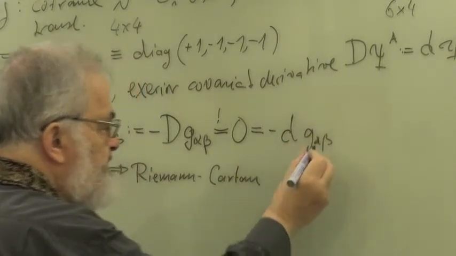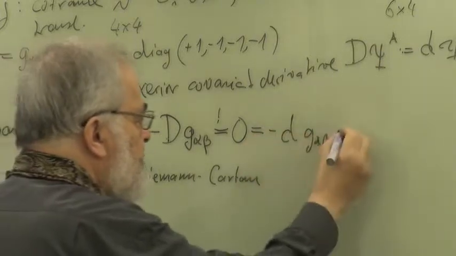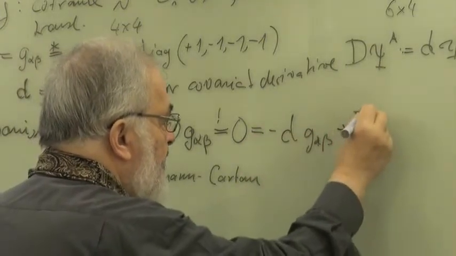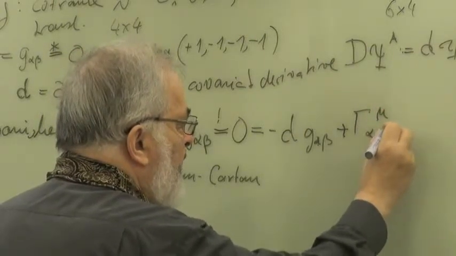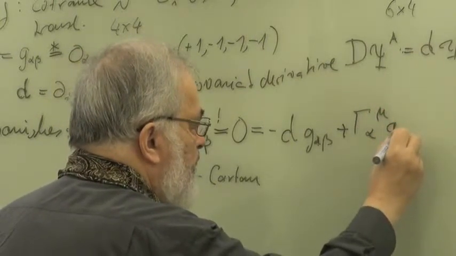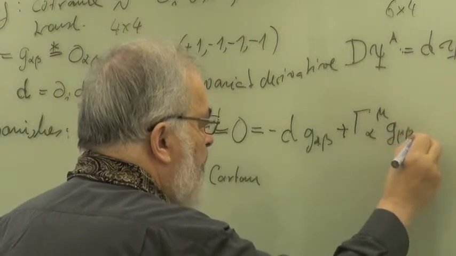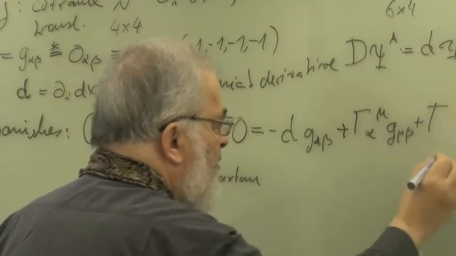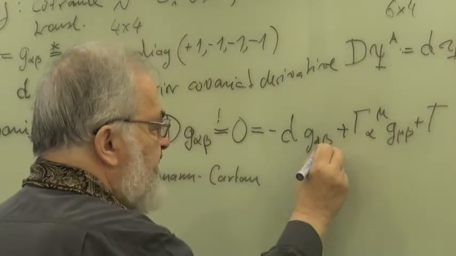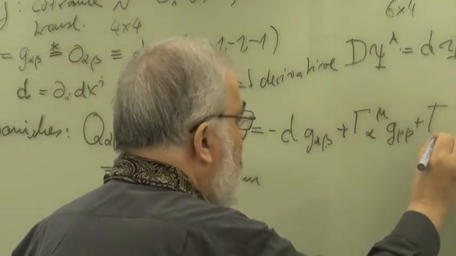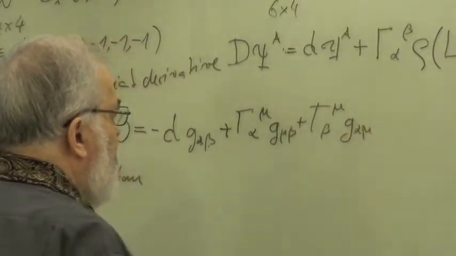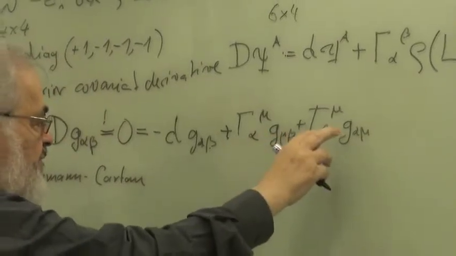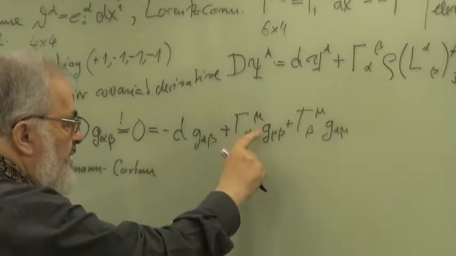These are lower indices, so you get minus times minus plus gamma alpha mu times g mu beta, plus gamma, now you differentiate the second index, beta mu times g alpha mu.